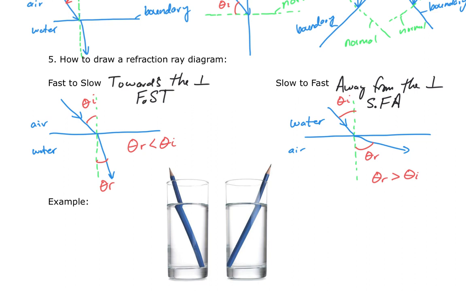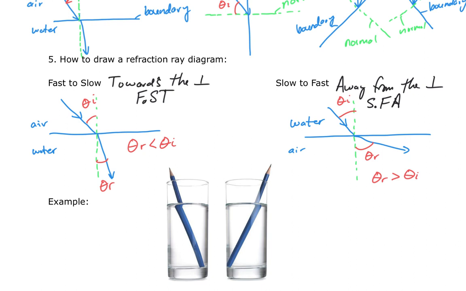Two is that it looks like the pencil is broken right at the surface of the water. It looks like the pencil is either curved or it's moving in a different direction. It looks like it's bent, right? So that's a typical sight that we'll see when we're talking about refraction. And we're going to get an idea of how this occurs, okay?